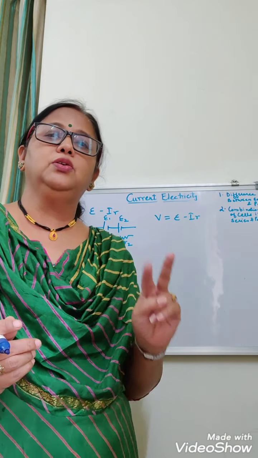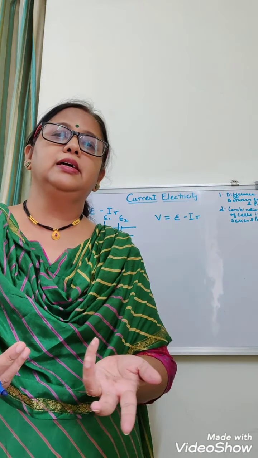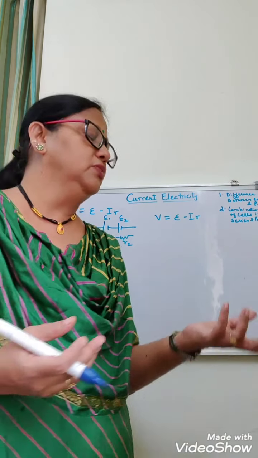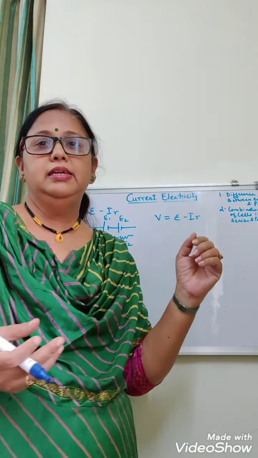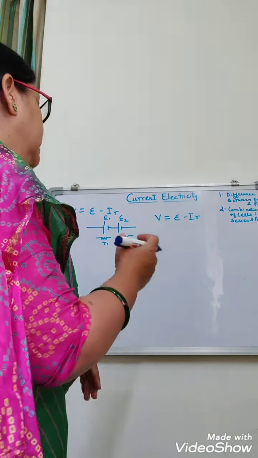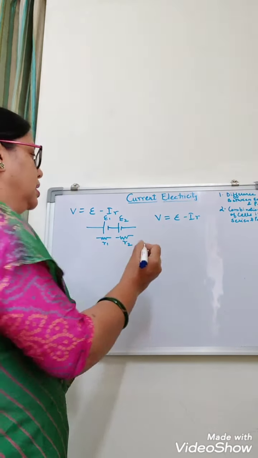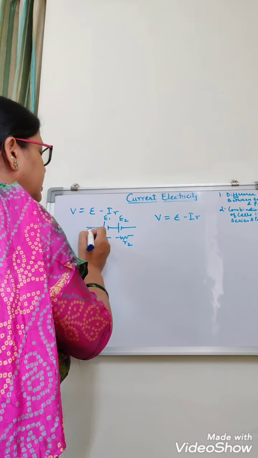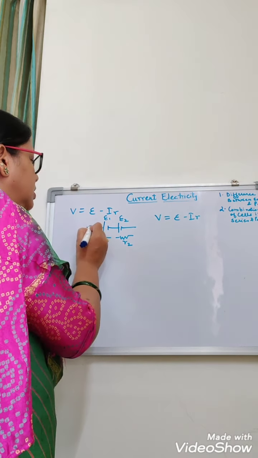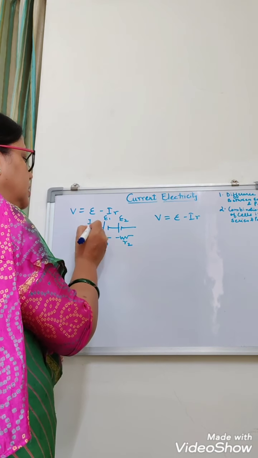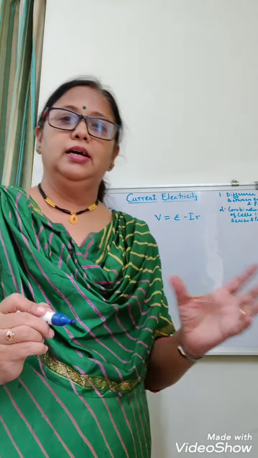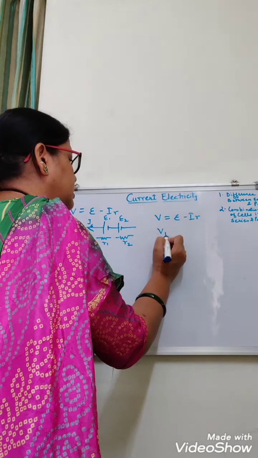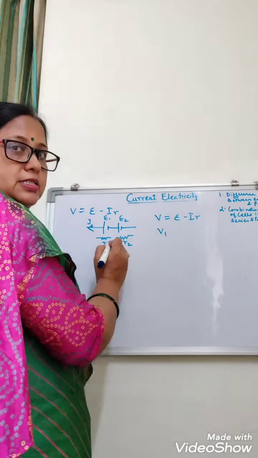That is, if you connect two cells in series, what is their equivalent internal resistance, and what is their equivalent EMF, that we have to find. So in this case, if we take r1 and r2 as the two resistances, then the current flowing through both will be same, because here in series combination the current remains the same. So I can write V1 as the PD across the first cell.